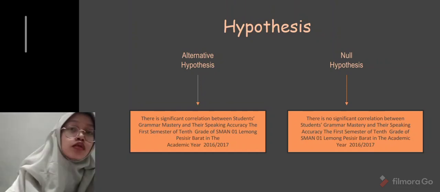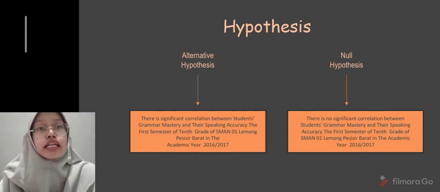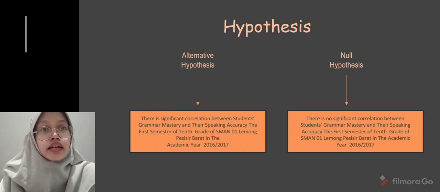And the null hypothesis is there is no significant correlation between students' grammar mastery and their speaking accuracy, the first semester of 10th grade of SMA Negeri 1 Lembang Pesisir Barat in the academic year 2016-2017.